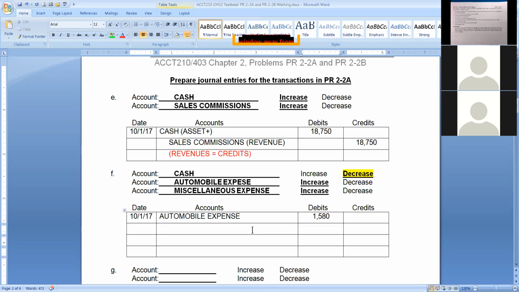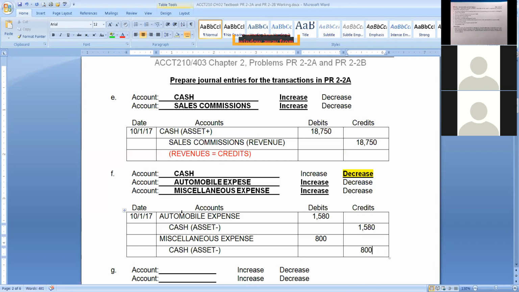And by the way, you could either put these both in the same one, or you could actually split them up, and have miscellaneous expense, $800. So, oops, I didn't put it in. Hold on.